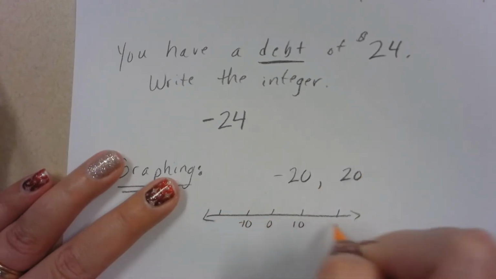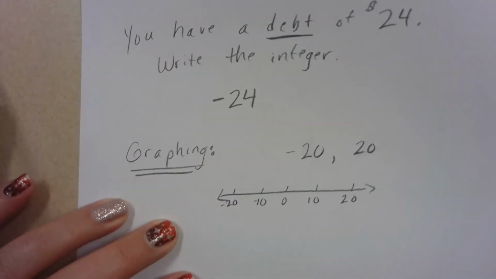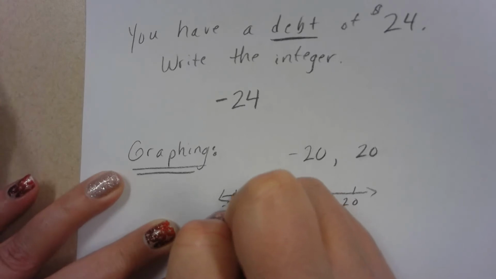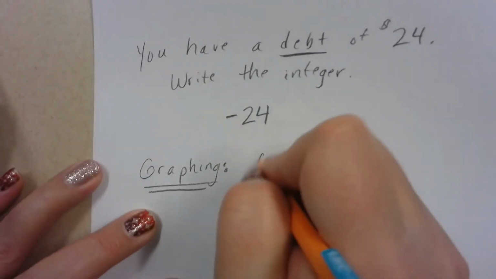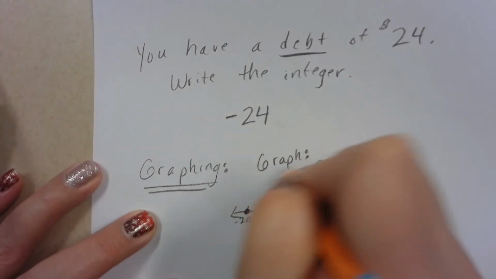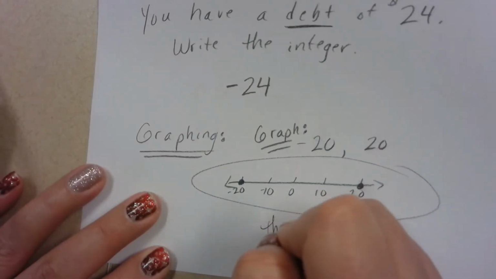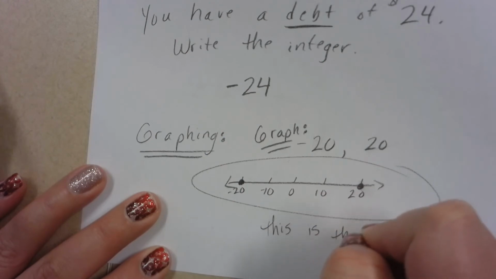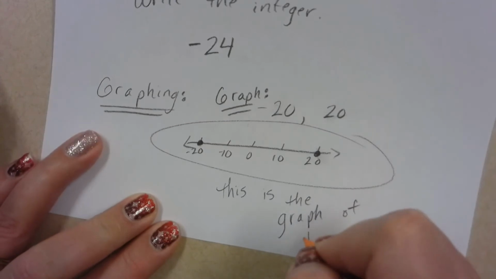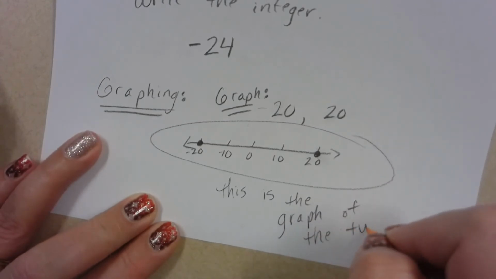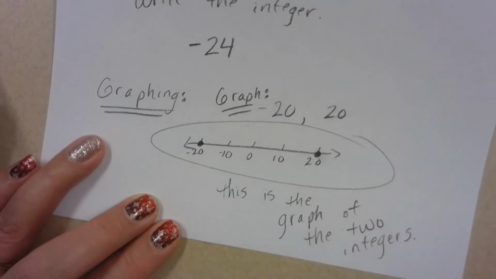You can have your number line go in whatever intervals you wish, and it doesn't have to go by 1. So you're going to have -20 and 20. And then this is what the graph is going to look like. This is the graph of the two integers.